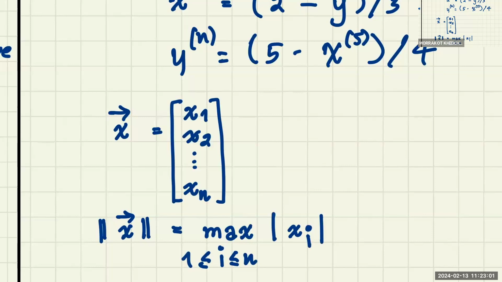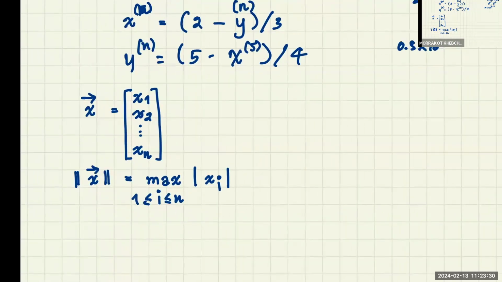Suppose you have thousands of them, you pick the largest one. And if the largest one is less than what we want, it means you can control the other things, right? Because every other term is less than the maximum, so every term will be less than what we want, okay? In mathematics, we call this the maximum norm, which we use to calculate the distance between the previous one and the one that we just got, okay?